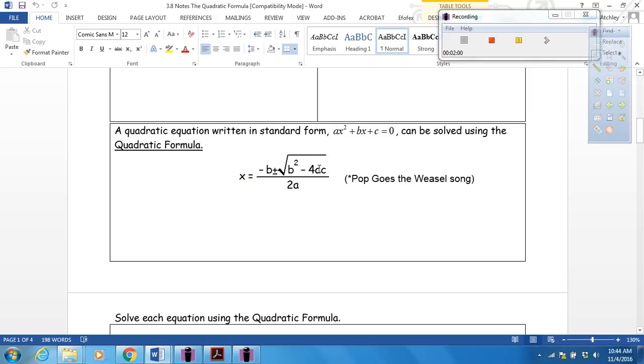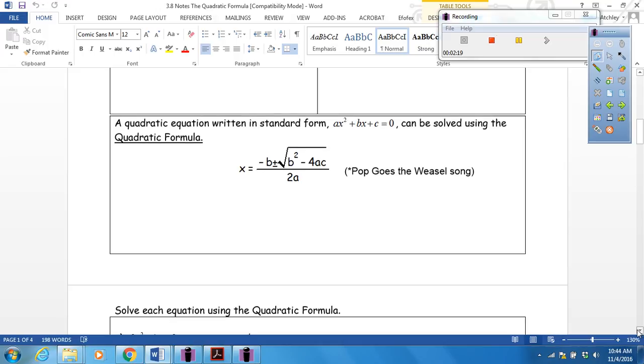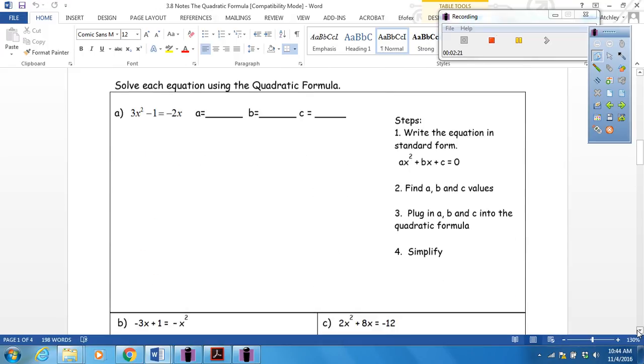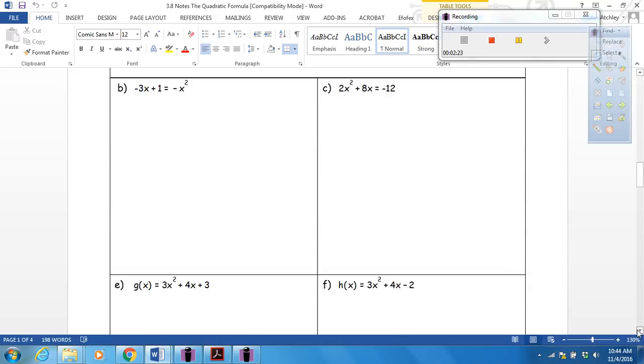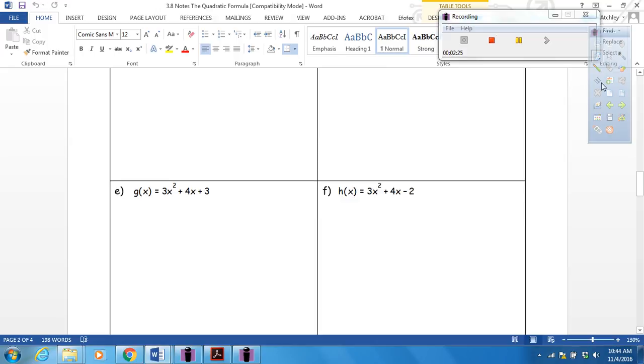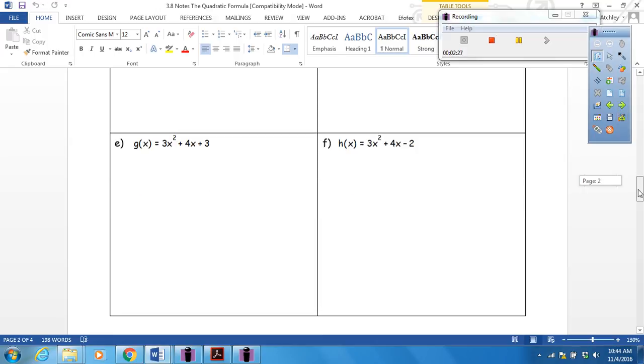The b squared minus 4ac has a special name then. Okay. And it helps me determine what type of solutions I have and how many.